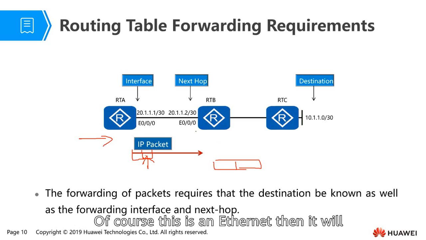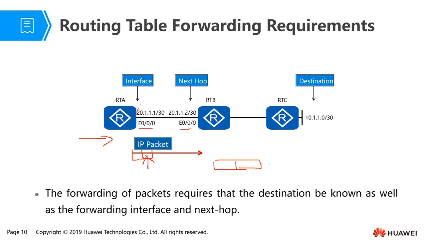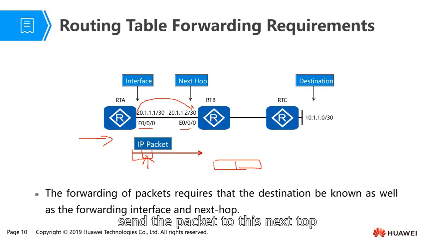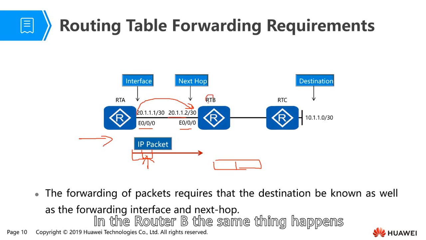Of course, this is Ethernet, so we send the packet to this next hop. The layer 2 encapsulation is the same as in the LAN: it needs to resolve the next hop's MAC address, encapsulate, and then send the packet to the next hop.